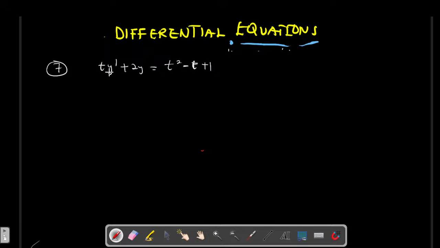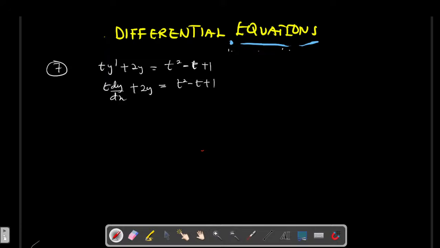So first of all, I don't see y prime very well, so most people prefer t multiplying dy over dx plus 2y is equal to t squared minus t plus 1. In the previous video I explained linear and nonlinear, that you shouldn't have the dependent variable multiplying its derivative.